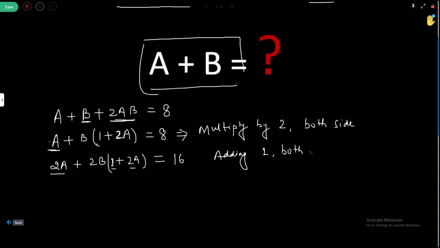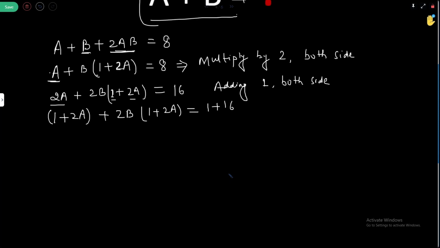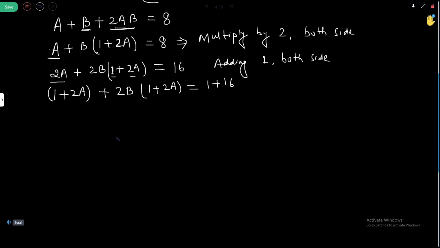Then you will find (1 plus 2a), written in a bracket, plus 2b(1 plus 2a) equal to 1 plus 16. Here you can see that 1 plus 2a and 1 plus 2a is a common factor.